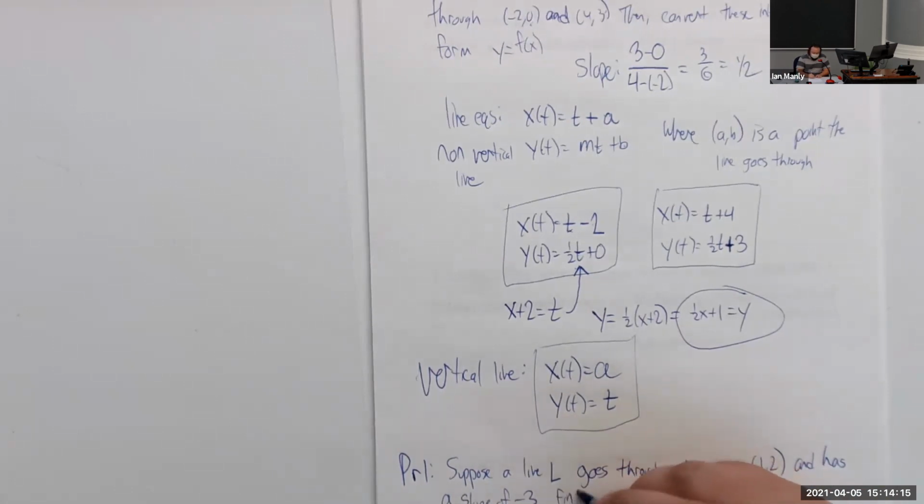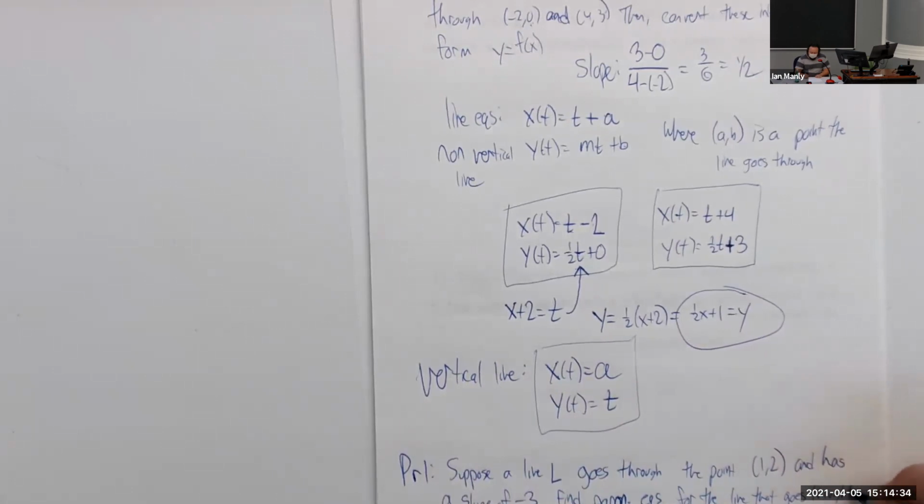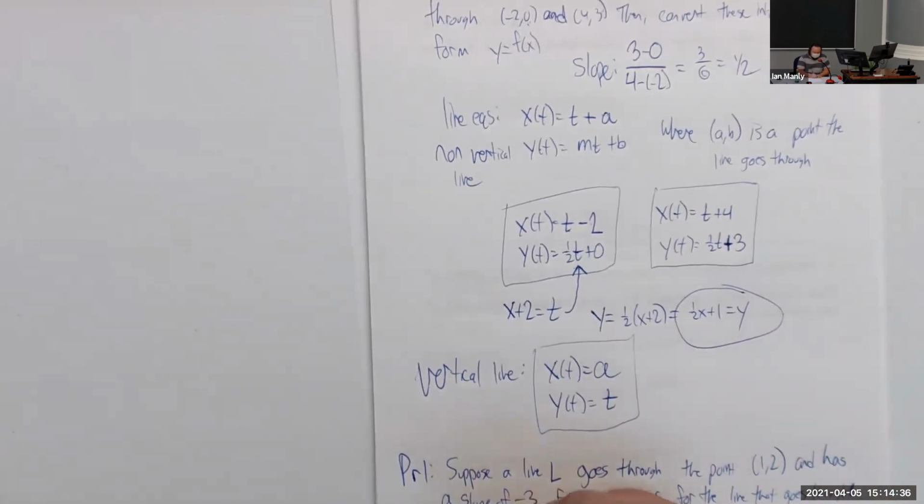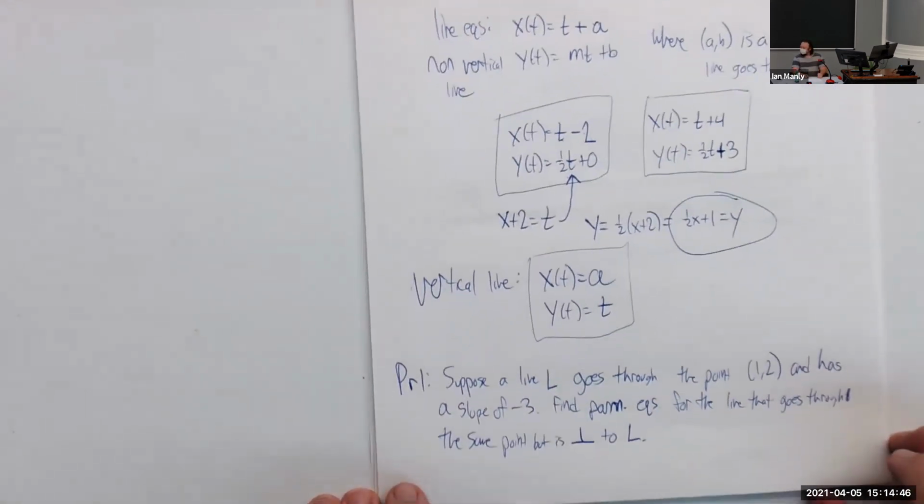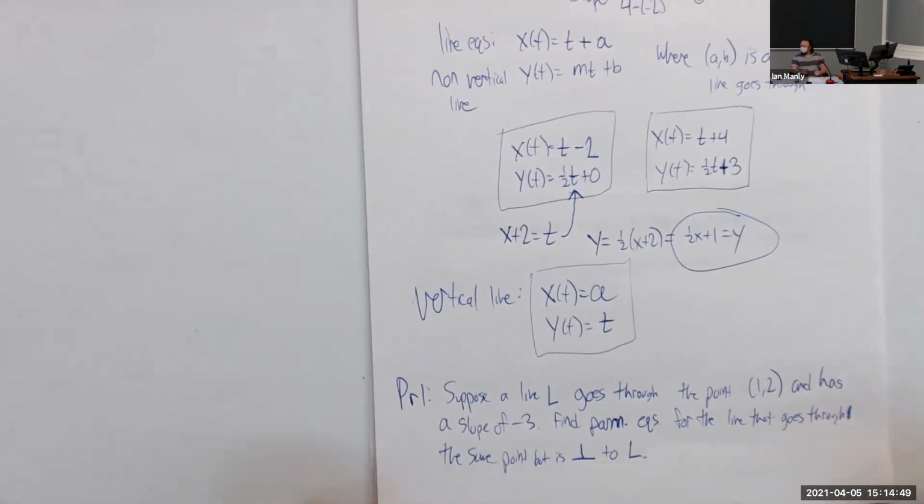Find parametric equations for the line that goes through the same point but is perpendicular to L. All right, so go ahead and give that a try.